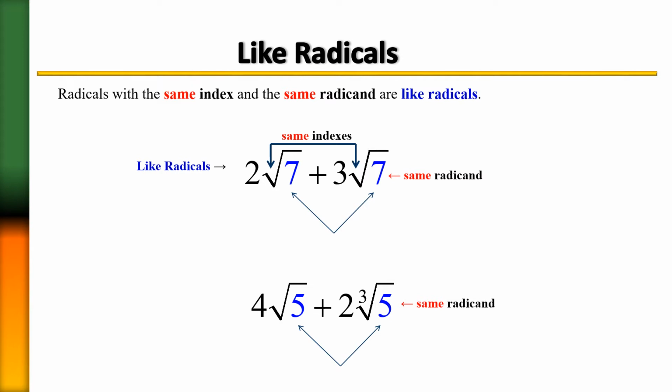Since they don't have the same indexes, they cannot be like radicals. In this case, these are what we call unlike radicals. Now, in order to add or subtract radicals, they must be like radicals. You cannot add or subtract unlike radicals.